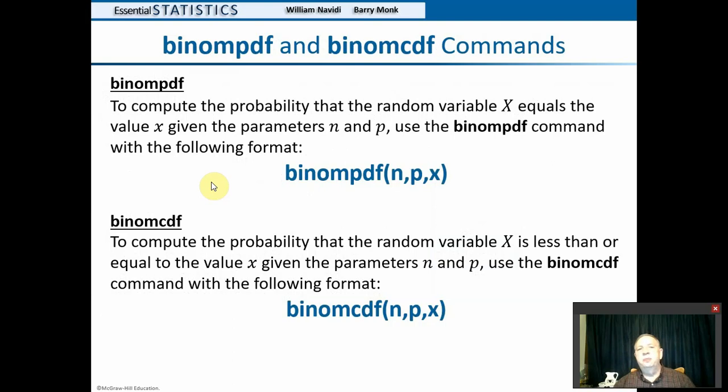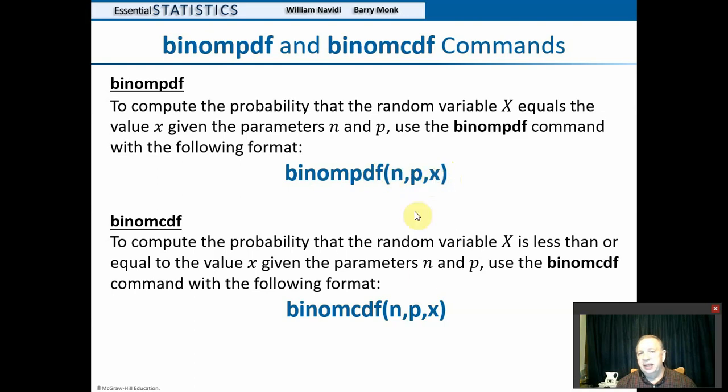When I'm doing binom PDF, the later 84s will actually give you a wizard where it says, give me the n, give me the p, give me the x. But for the earlier versions and the 83, I think you're going to have to type this in on the command line, do your parentheses, and enter how many trials you're talking about, say 15, probability 0.3, and then x is the exact number.